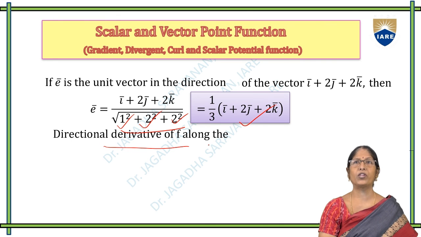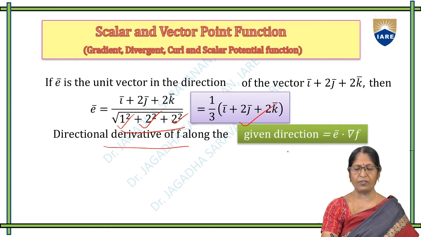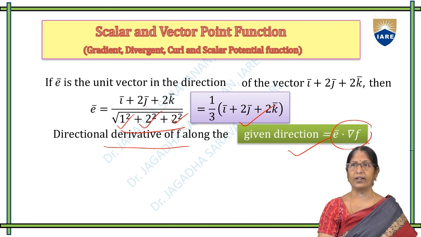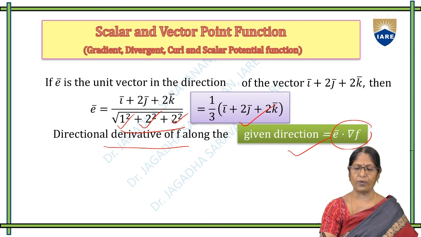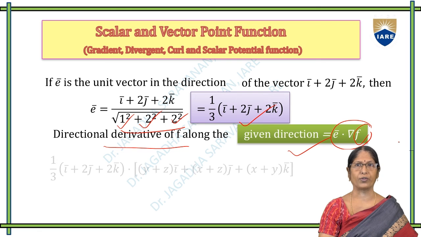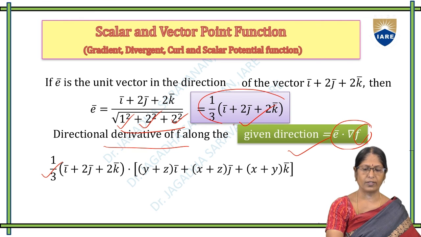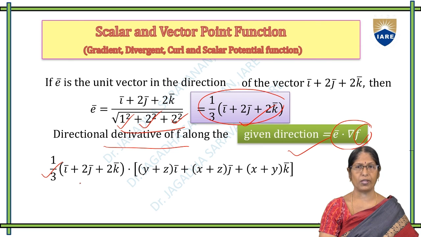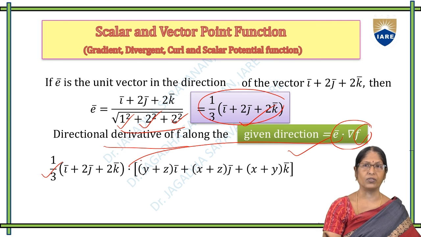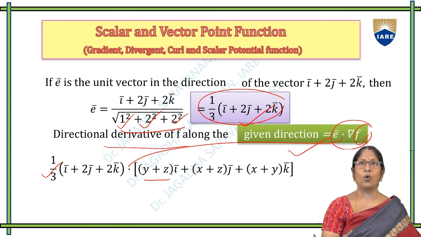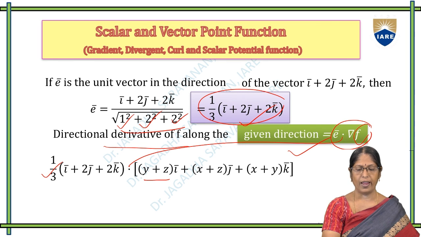Now the directional derivative of f along the given direction, this is the formula, is the unit vector e dot grad f. So it is 1 by 3 of i plus 2j plus 2k dot y plus z of i plus x plus z of j plus x plus y of k.